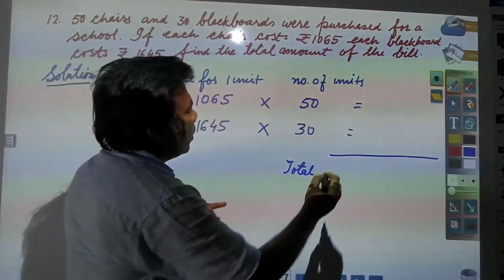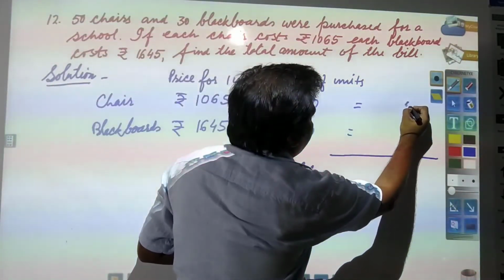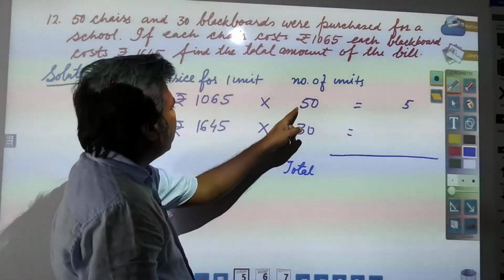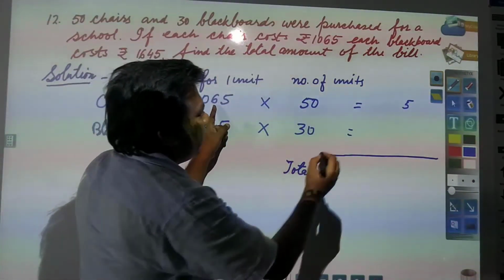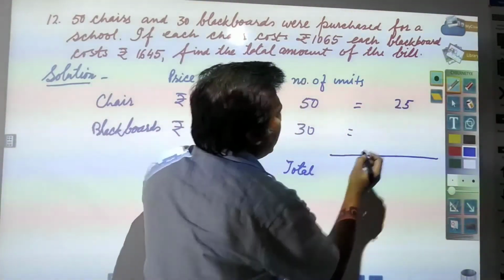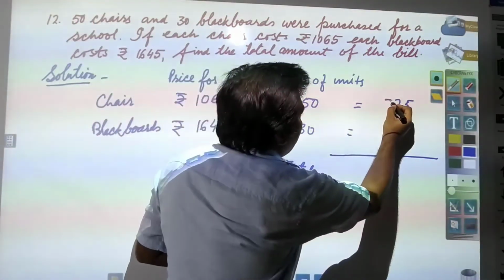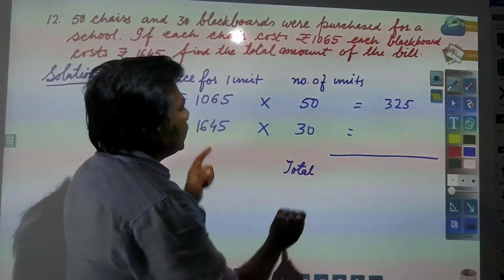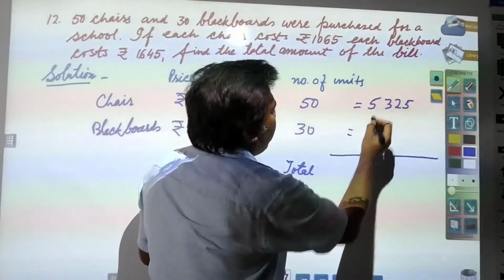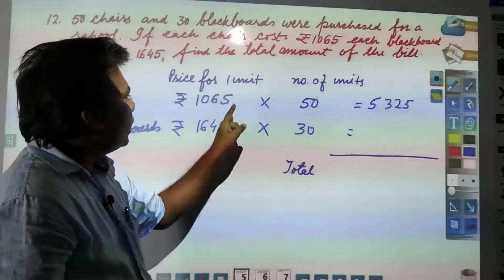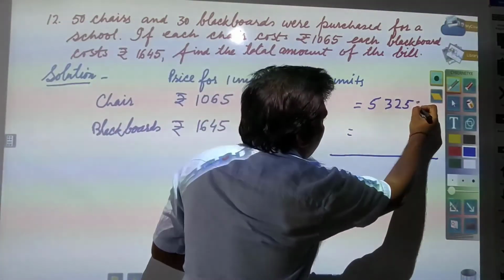5 5s are 25, 2 you have, 5 6s are 30 and 2 is 32, 3 you have, 5 0 0 and 3 we will write, and 5 1s are 5. Then this is required to be multiplied. Here 1 0 will be required.